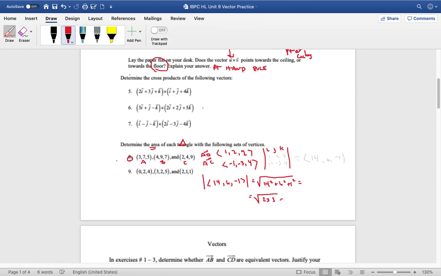But that is the area of what? The magnitude of the cross product is the area of that parallelogram. Oh, that's a terrible parallelogram. But I want the area of the triangle, so I just take a half of that.